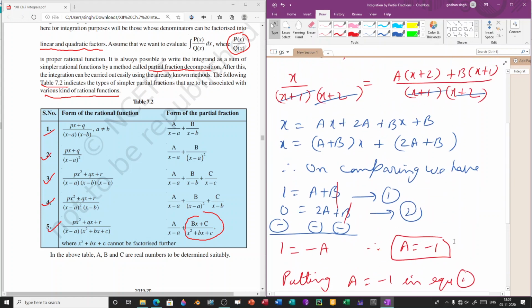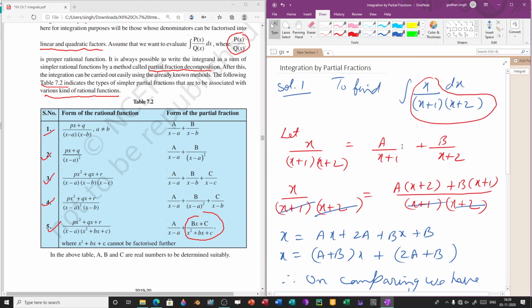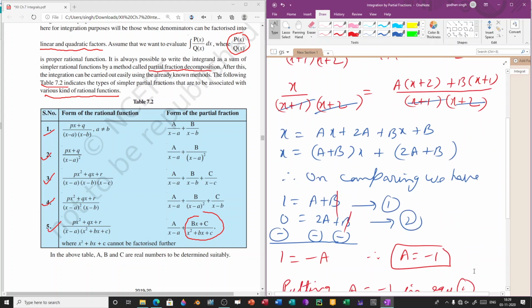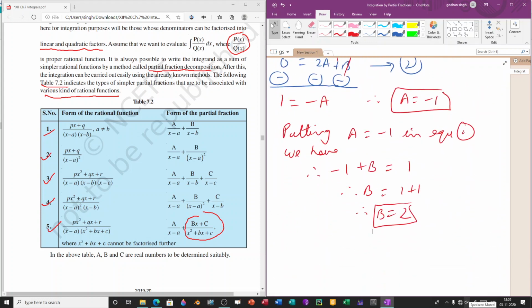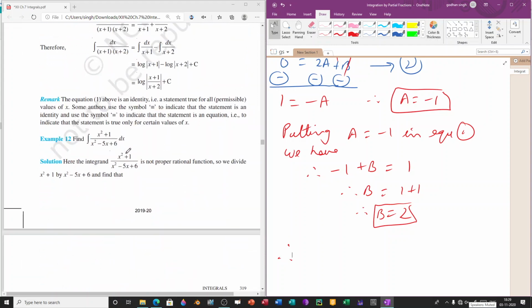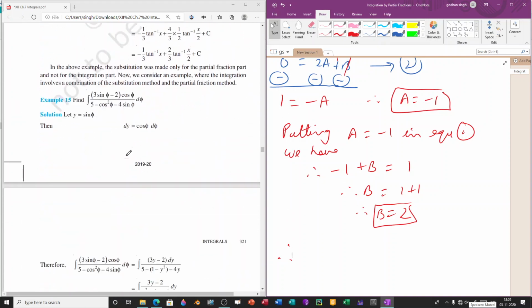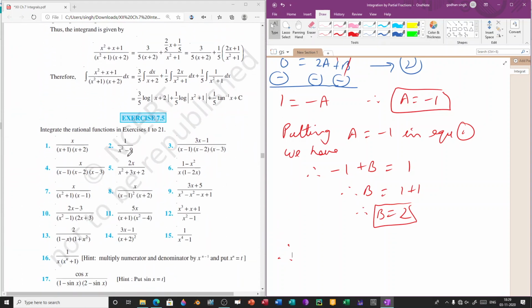So we have got b as 2 and a as minus 1. Now what is our task? Our task is to put these values in place of a and b, and then we'll be able to integrate this function. Now what is our question? Let us go back to that one.